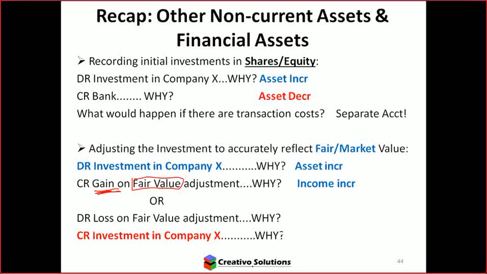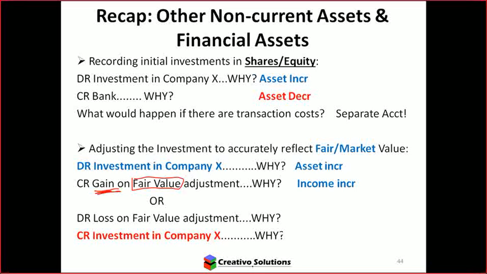Loss on fair value. The asset's going to decrease because there was a loss on the investment, and an asset decreases on the credit side. Good. So the investment has decreased in value. If I decrease the investment, I need to credit it.